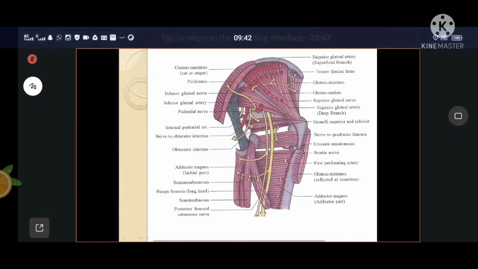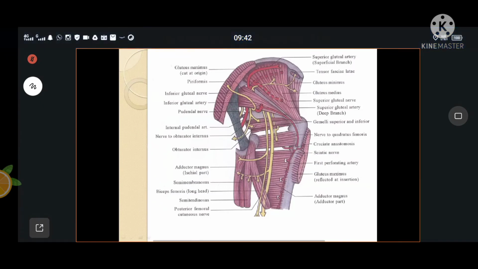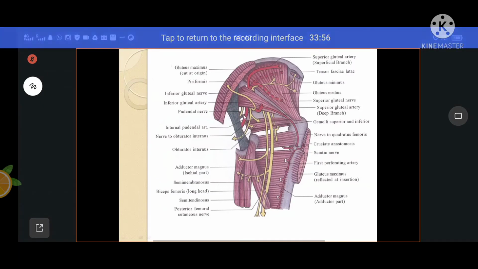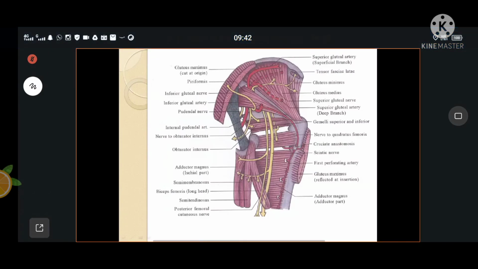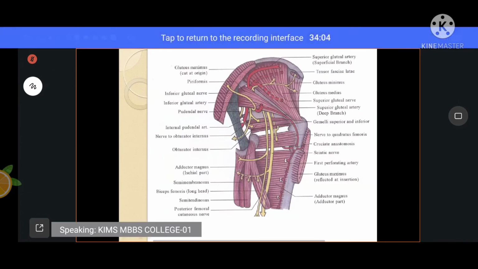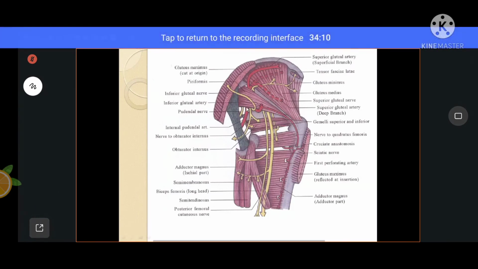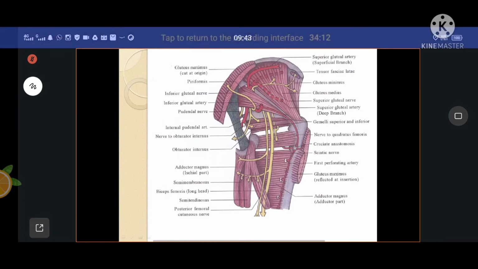The pudendal nerve. The pudendal nerve is entering into the gluteal region, related to the dorsum of this ischial spine, and again going back into the pelvic region into the pudendal canal through the lesser sciatic foramen. And along with the pudendal nerve, you find an artery, that is the internal pudendal artery.